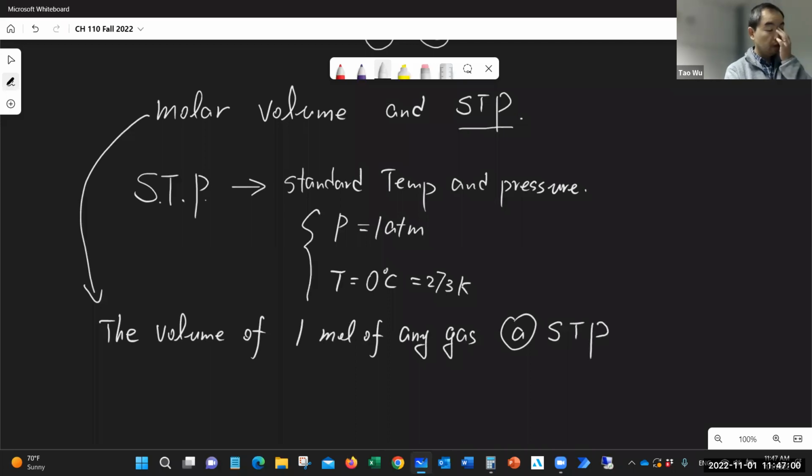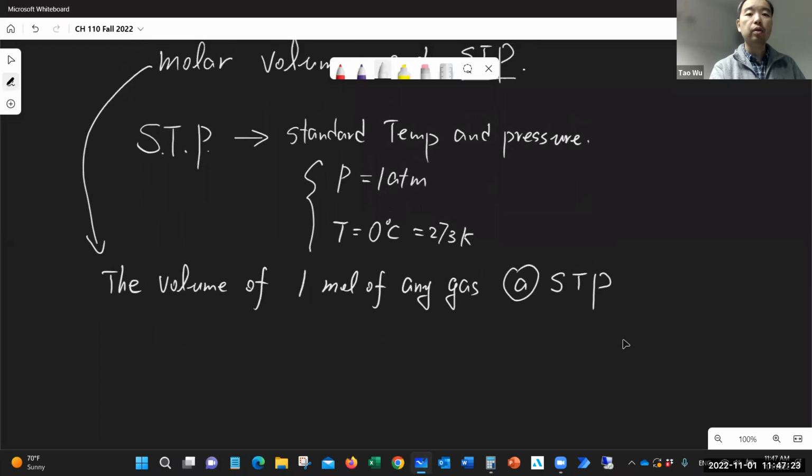Under the STP condition, what is the volume of 1 mole of gas? The volume of 1 mole of any gas at STP is what we call the molar volume.